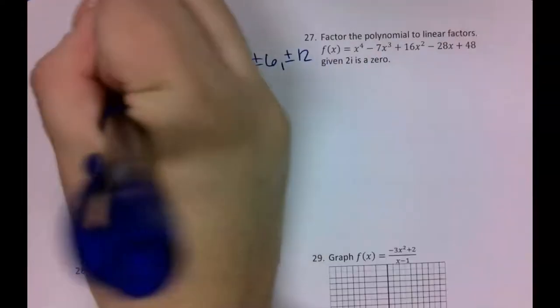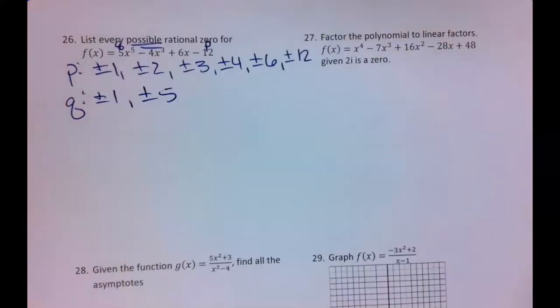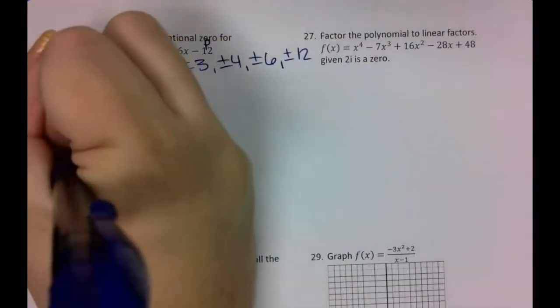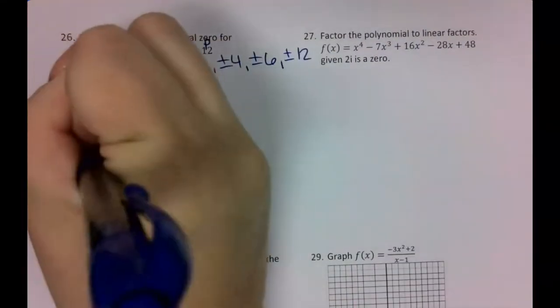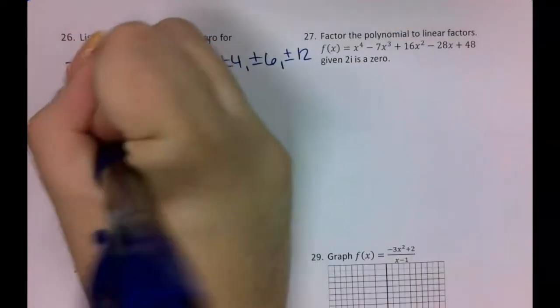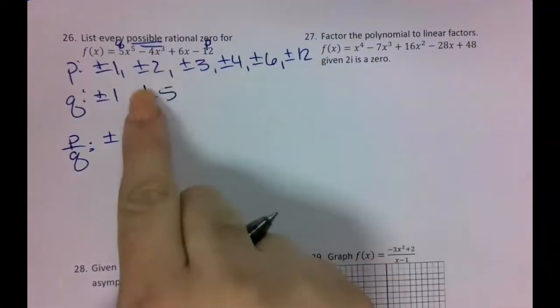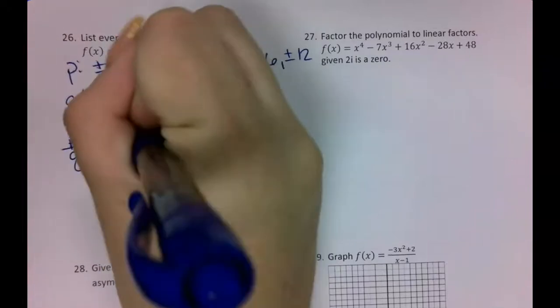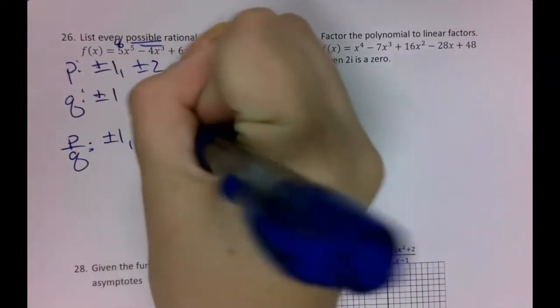I want all of those factors, which are just 1 and 5. Then for every possible rational factor, I'm going to take P and divide by Q. So all of these values I just wrote, I want to divide by 1. So all of those are going to stay the same when I divide by 1.